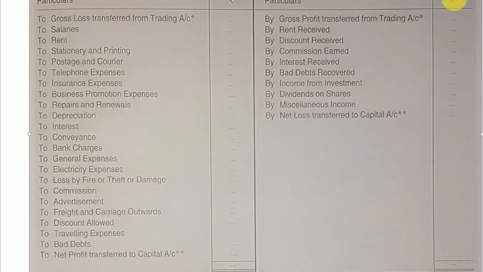But if there is an excess on the credit side and less amount on the debit side, the difference amount will be the net profit. That means the balancing figure of the profit and loss account here will be the net profit or net loss. So either there will be a net profit or there will be a net loss.